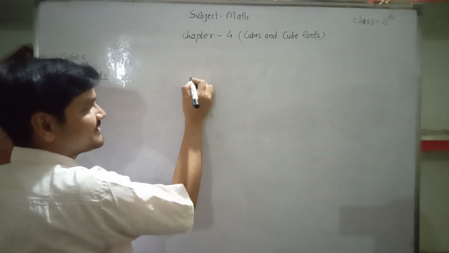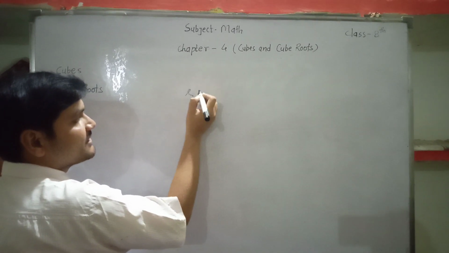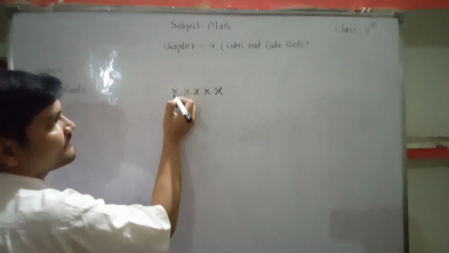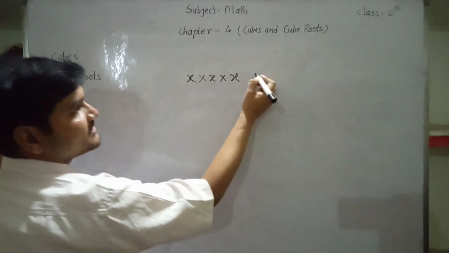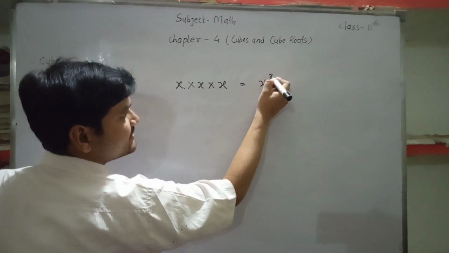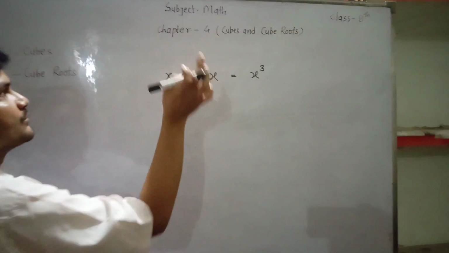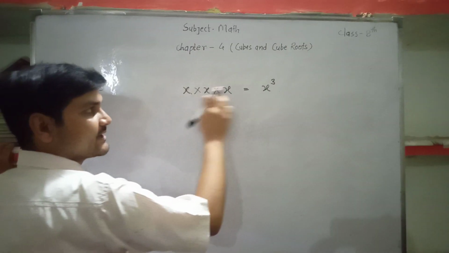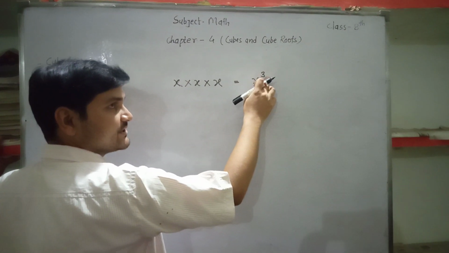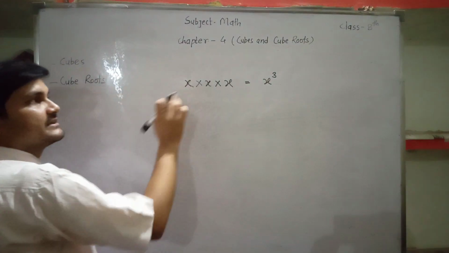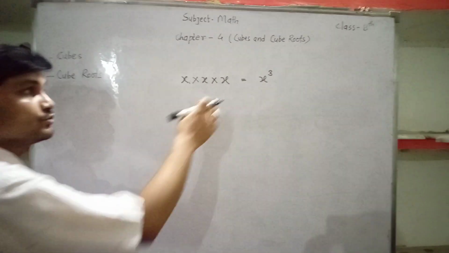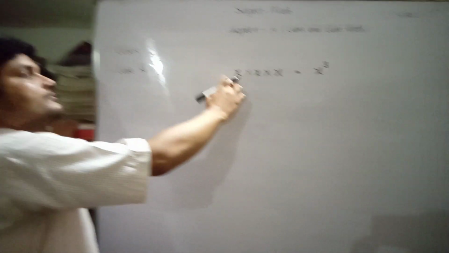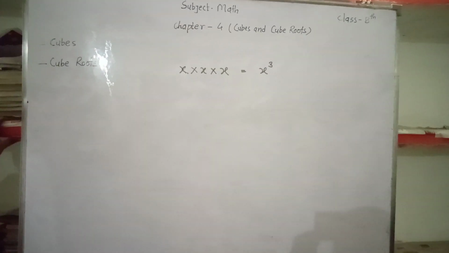Suppose x is a number and x is multiplied by itself 3 times, then the product of the multiplication is known as the cube. X is a number and x to the power 3 is the product of the multiplication of 3 times of x. So x to the power 3 is known as the cube of x. That's the definition of cube.